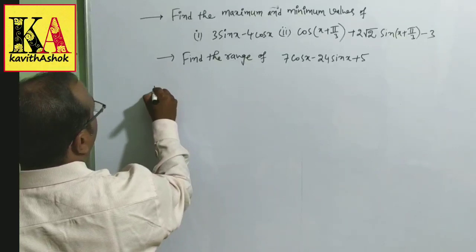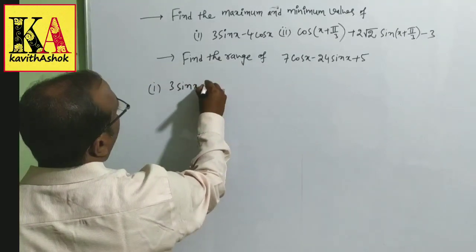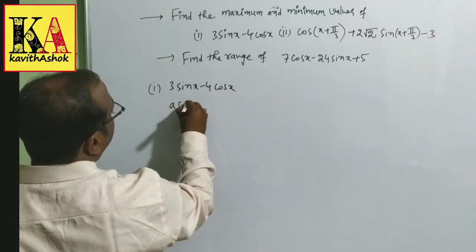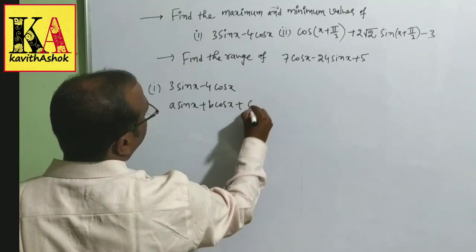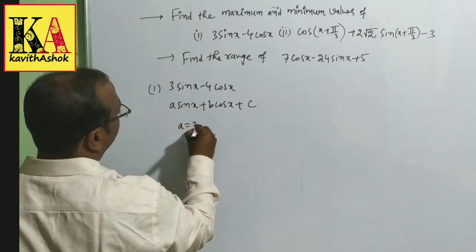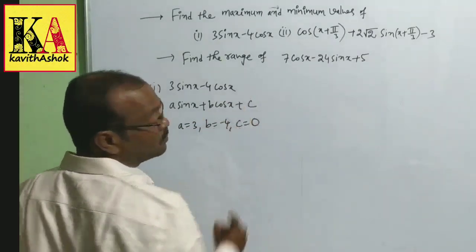For the first question, what is given here? 3 sin x minus 4 cos x. If you compare with a sin x plus b cos x plus c, this is our standard function, then a value will be 3, b value will be minus 4, and c value will be 0. No c value is there.